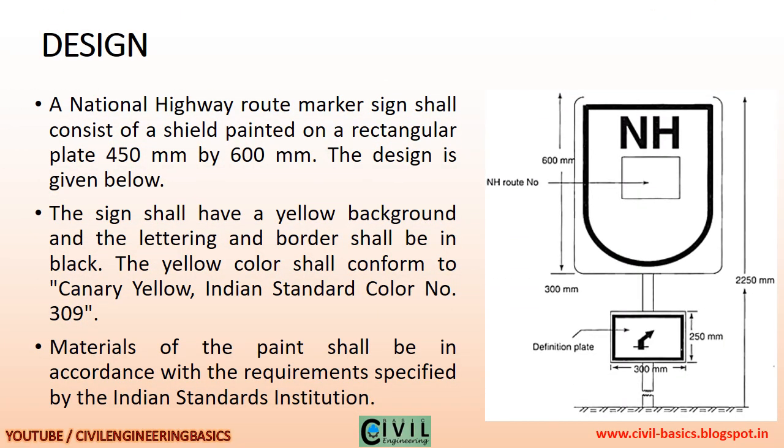Let's discuss the design of the route marker. A national highway route marker sign shall consist of a shield painted on a rectangular plate 450 mm by 600 mm. The design is given below. The sign shall have a yellow background, and the lettering and border shall be in black. The yellow color shall conform to canary yellow, Indian Standard Color number 309.